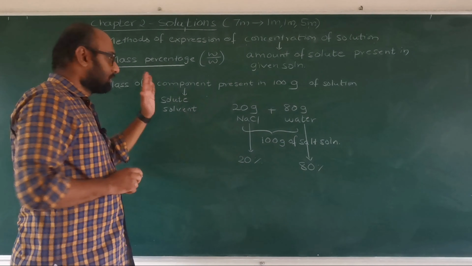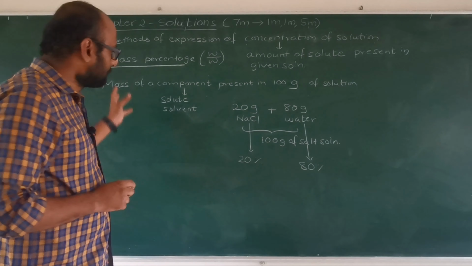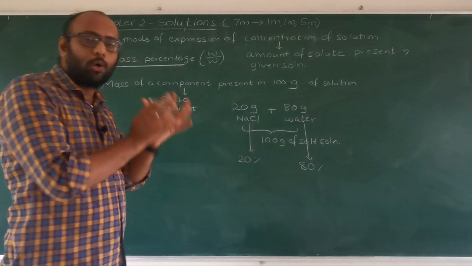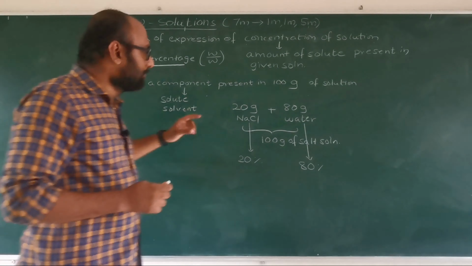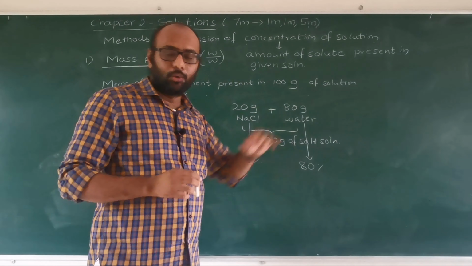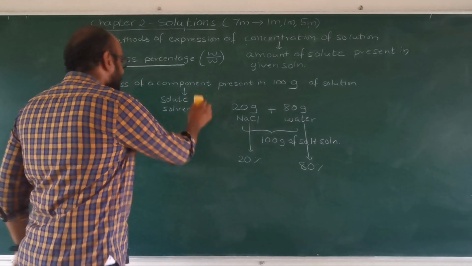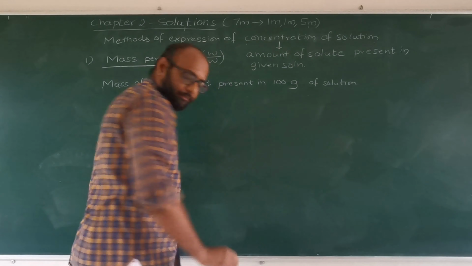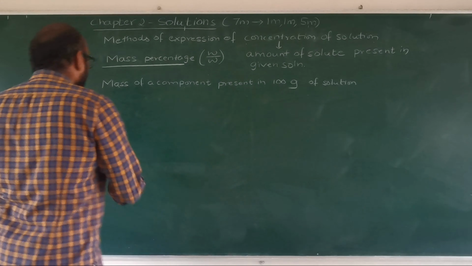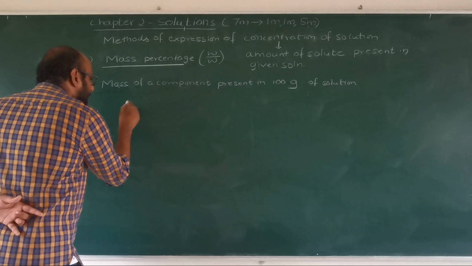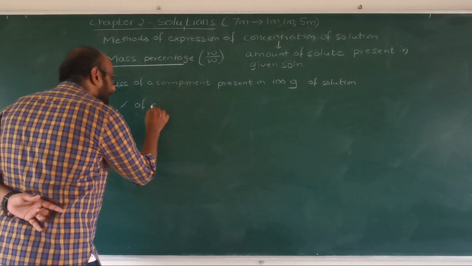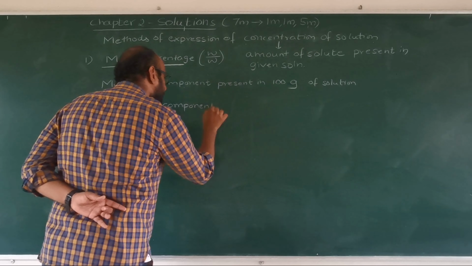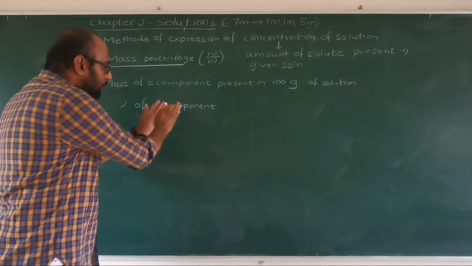So this is mass percentage: the mass of any component, solute or solvent, which is present in 100 grams of the solution. Now there is a formula to calculate this mass percent. So mass percent of a component, it may be solute or solvent.